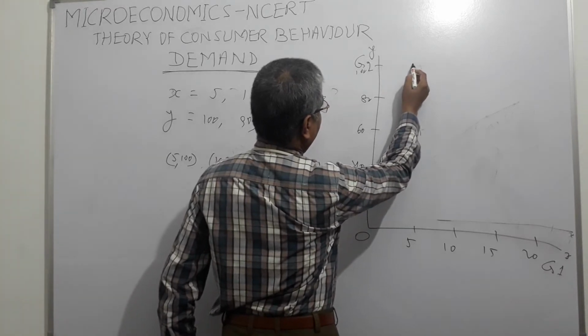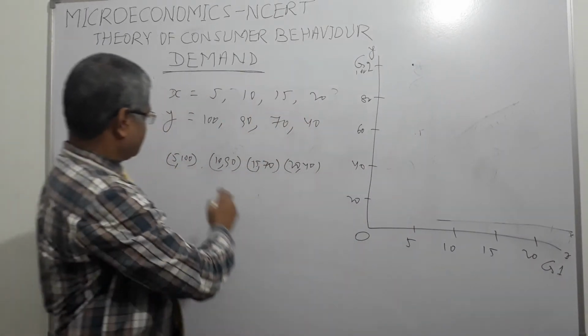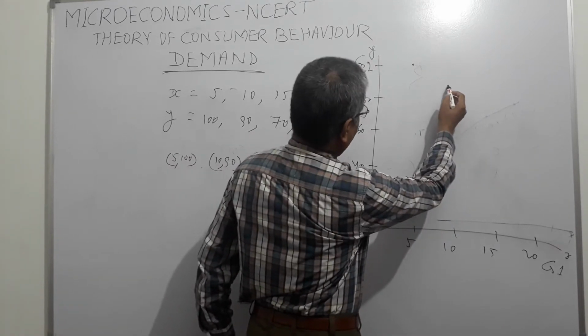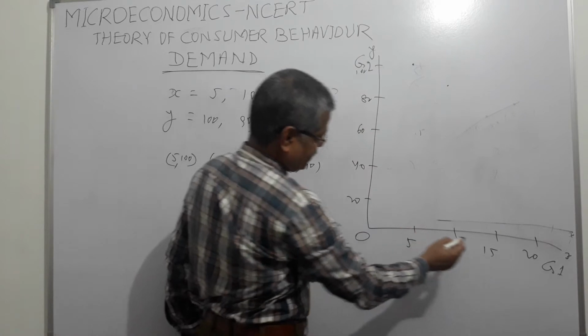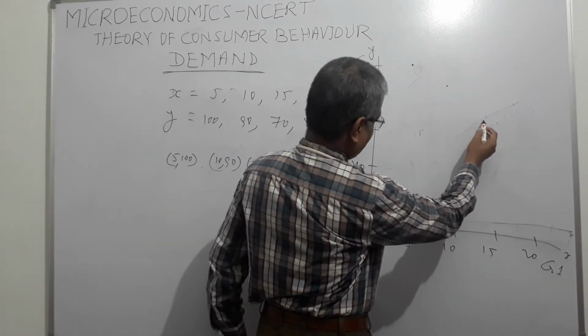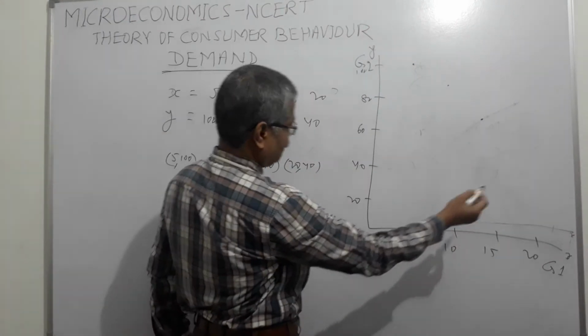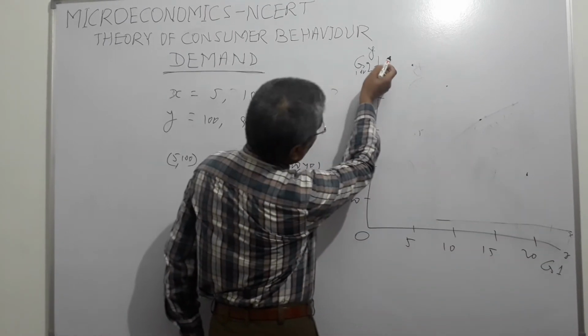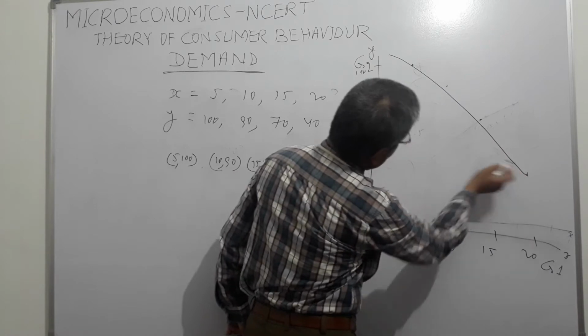Here it is. Then 10, 90, then 15, 70, then 20, 40. So it goes like this.